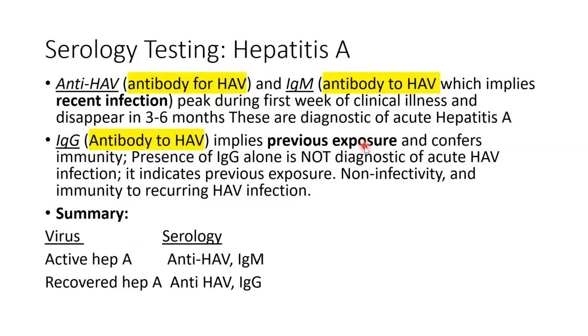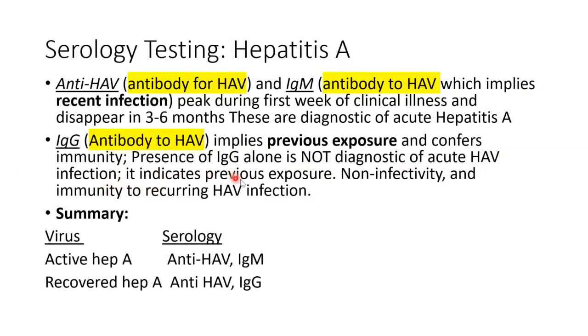So basically, if the IgG is positive, it means the person had an infection and that they're immune. Presence of IgG alone is not diagnostic of an acute hepatitis A infection.